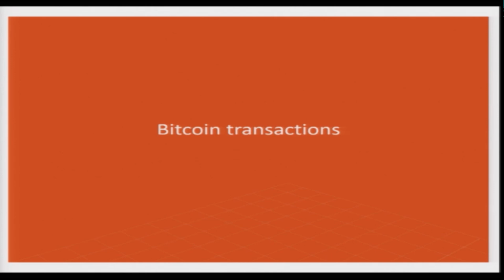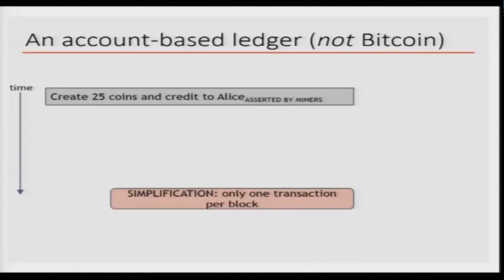So, first let us look at Bitcoin transactions. The first thing one would think, having been used to the accounts based ledger, is an account based transaction. An account based transaction will look like this: suppose I have a transaction that creates 25 coins, and I say who it goes to, and this is asserted by the miners who create these 25 coins.